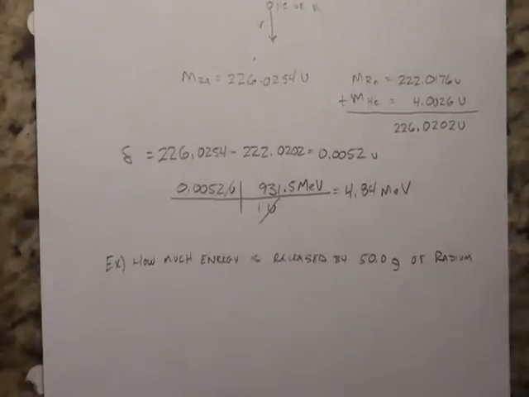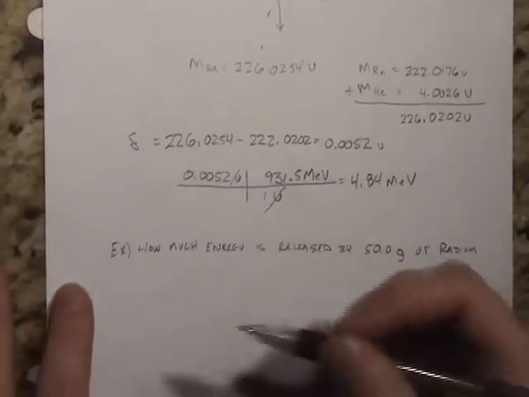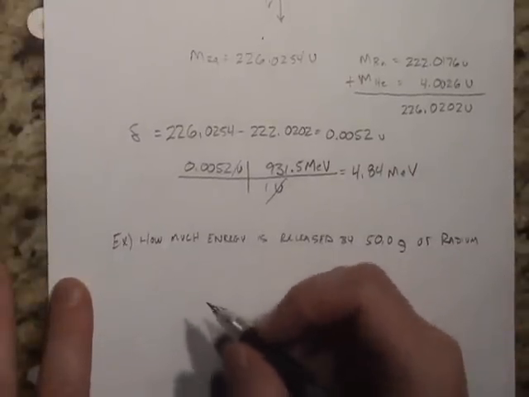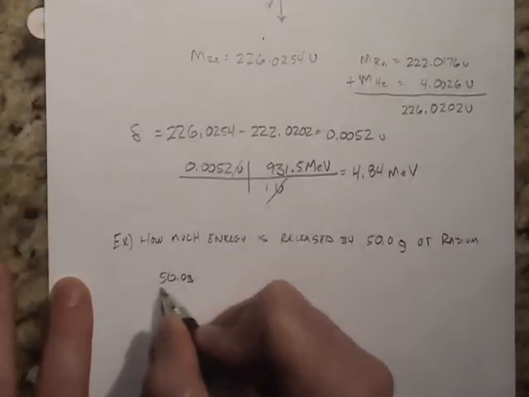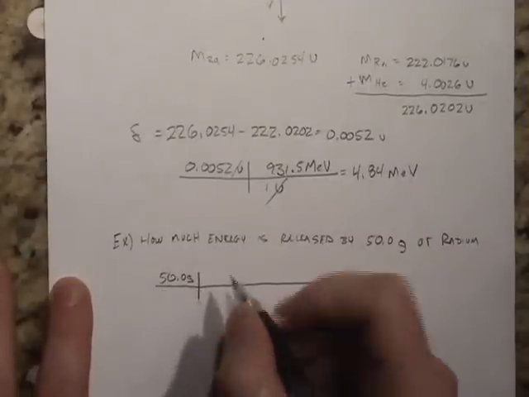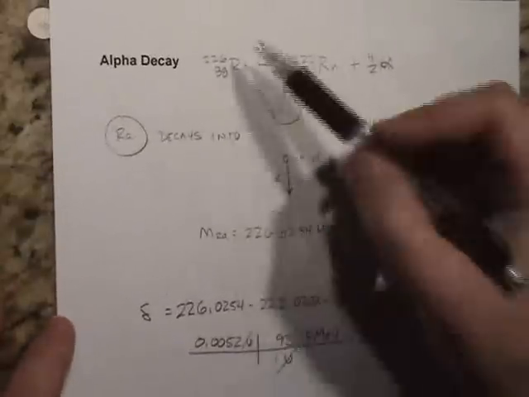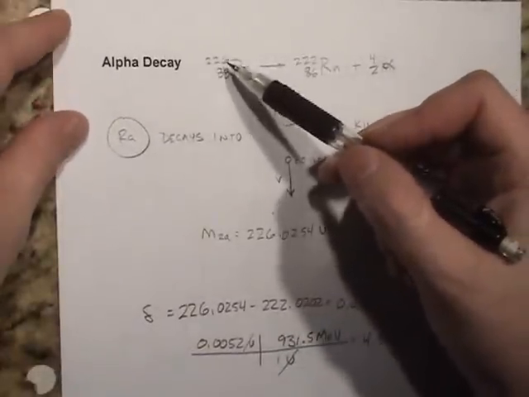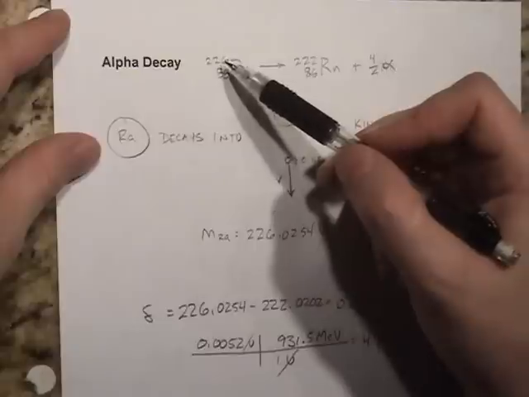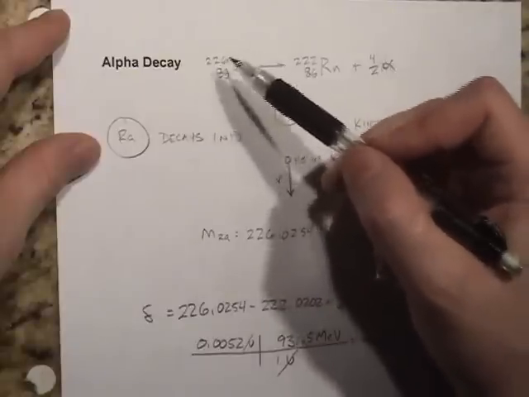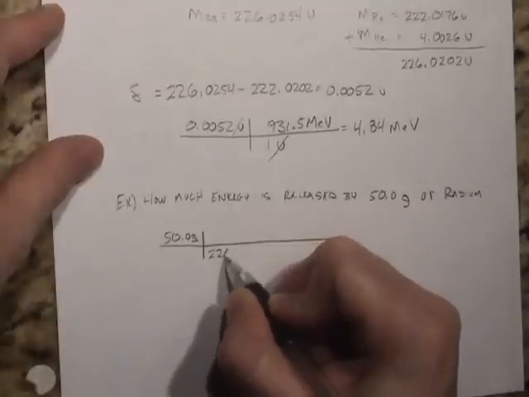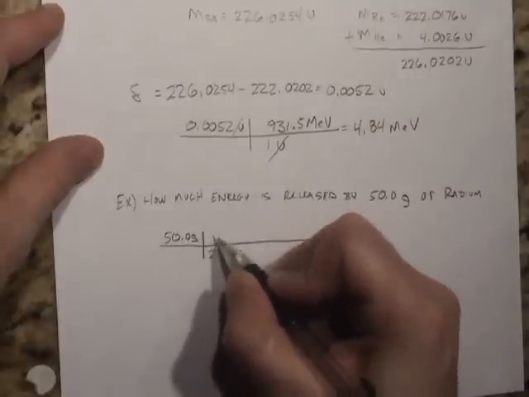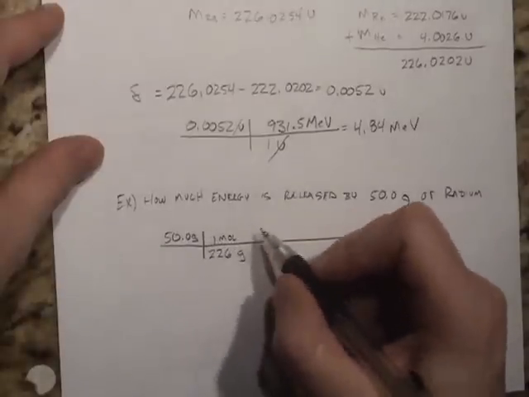Well, first of all, what we need to do is to figure out how many atoms of radium do we have in 50 grams, and that's simply a mole conversion. So we take 50.0 grams, and I can tell by looking back up here, there are 226 grams of radium for every 1 mole.